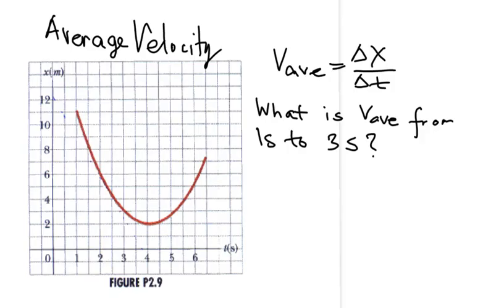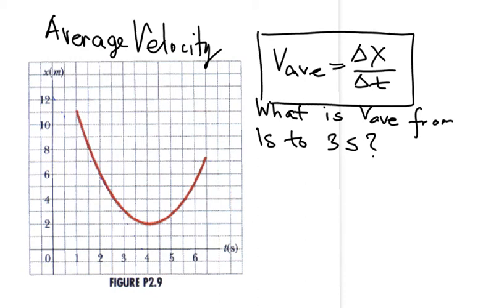Okay, so average velocity. You probably saw this equation when you were doing your summer homework, but average velocity is also delta x over delta t, so that's final minus initial position divided by final minus initial time. Okay, so for example, if I want the average velocity from 1 second, so at 1 second we're right here, to 3 seconds, we do almost the same thing.